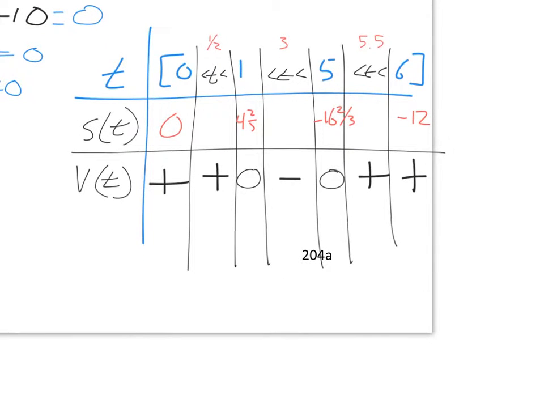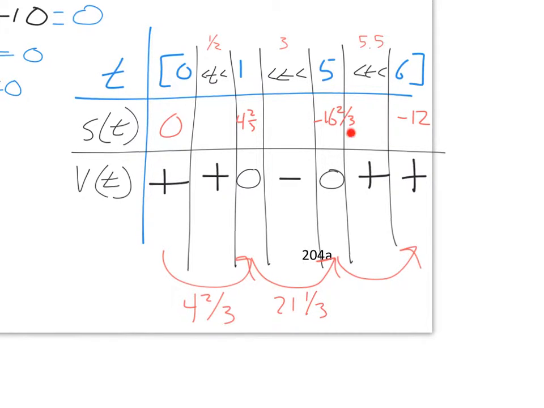So let's think about that. From here to here, how far did I go? From here to here, how far did I go? And from here to here, how far did I go? And I just want the absolute value because I want the total distance. Well, the first one's easy. That's just 4 2/3. The next one is 4 2/3 plus 16 2/3. So that's 21 1/3.